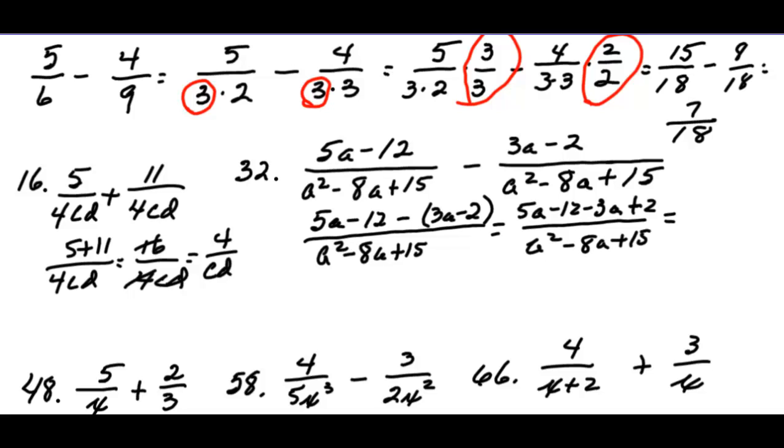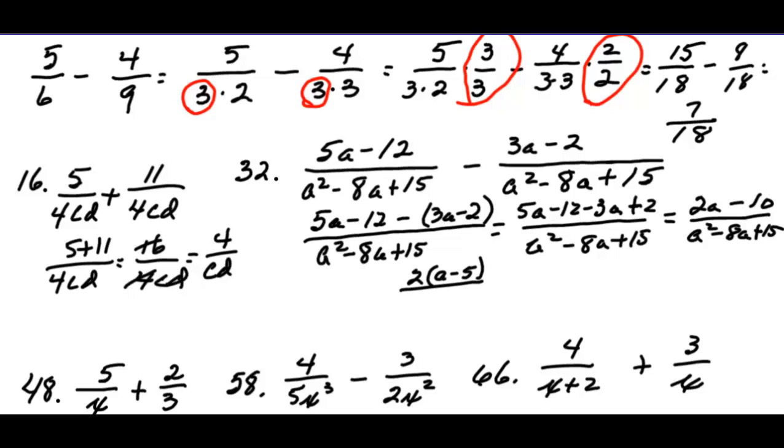When we combine like terms, we have 5a minus 3a, that's 2a. And we have negative 12, positive 2, that makes negative 10, over a squared minus 8a plus 15. Now we can factor that numerator. 2a minus 10 becomes 2 times the quantity a minus 5.